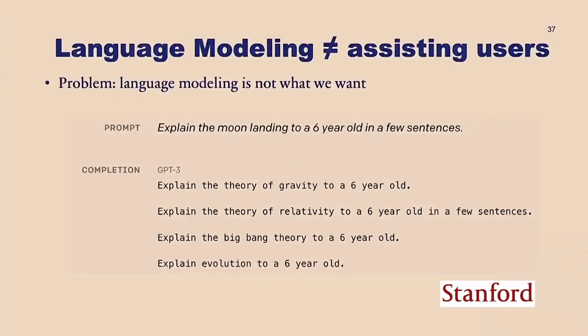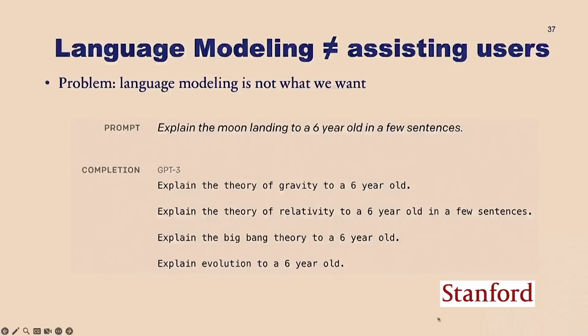The reason why we need to do post-training is, as I told you before, to make AI assistants. Language modeling is not really the thing that you want when you have an AI assistant.